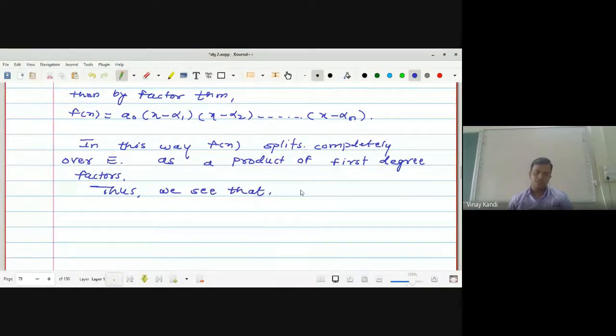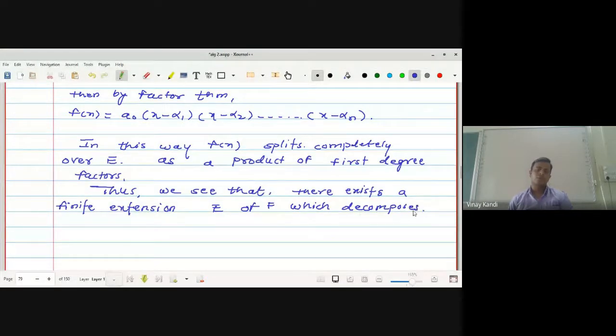As we see, there exists a finite extension E of the field F which is obtained by adjoining these elements alpha 1, alpha 2, alpha 3 up to alpha n to the field F. And F of alpha 1, alpha 2 up to alpha n is nothing but the field E. That is the finite extension of F which decomposes this f of x as a product of linear factors.